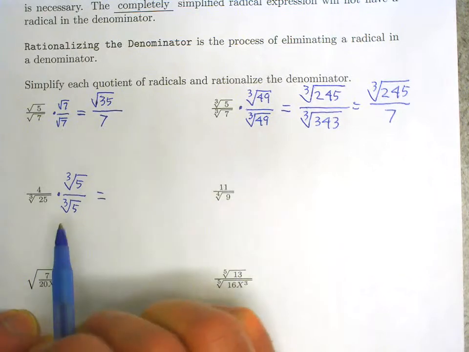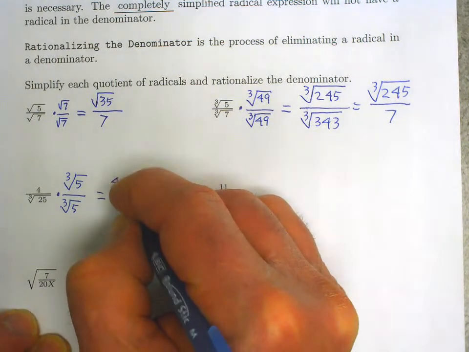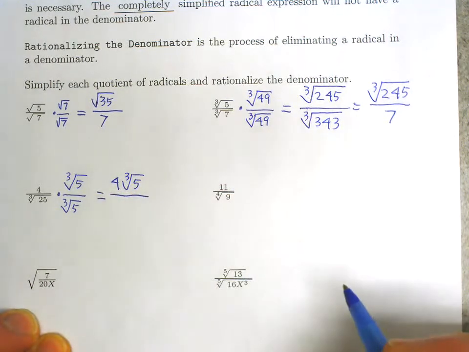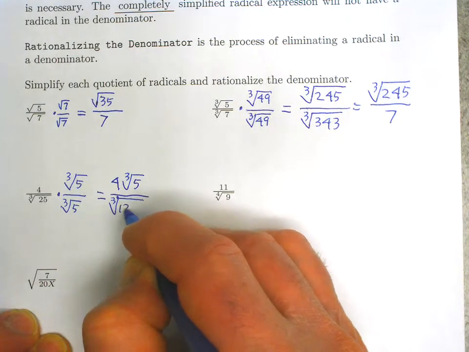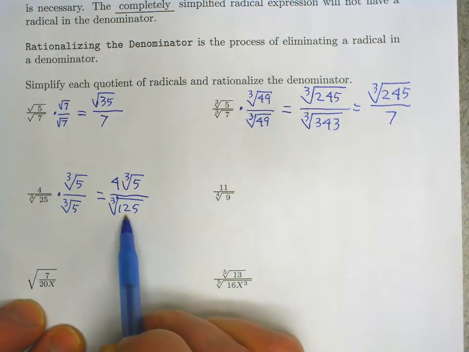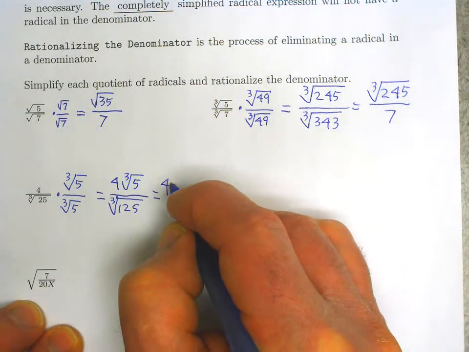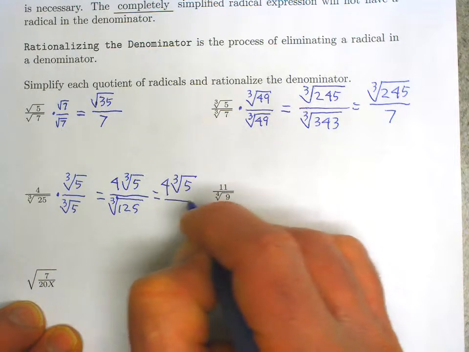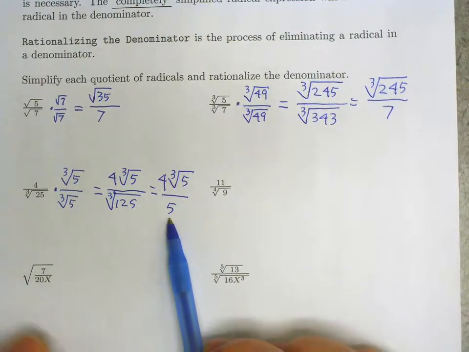And then in the product, we multiply the numerators. 4 times the cubed root of 5 divided by the cubed root of 125, because 25 times 5 is 125. But the denominator will simplify to 5. So our final simplified answer is 4 times the cubed root of 5 divided by 5. We now have a rational number in the denominator.